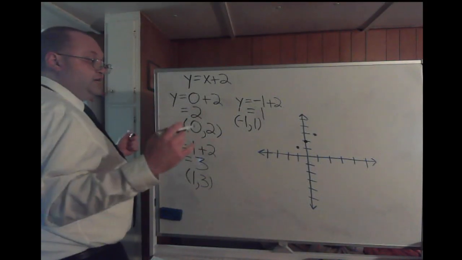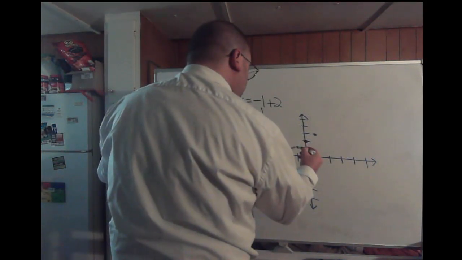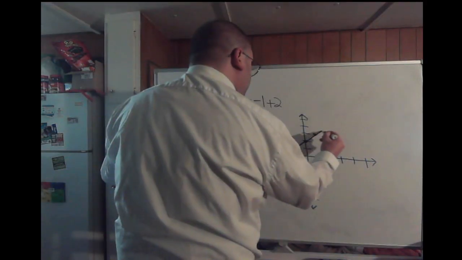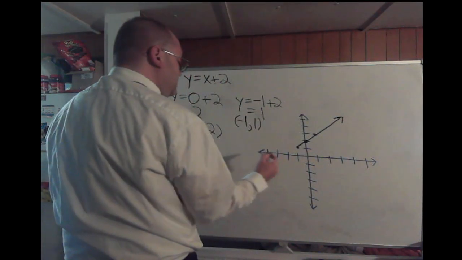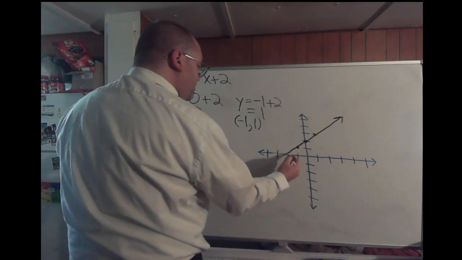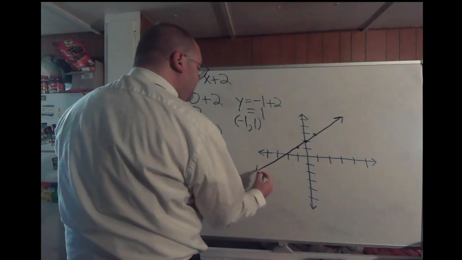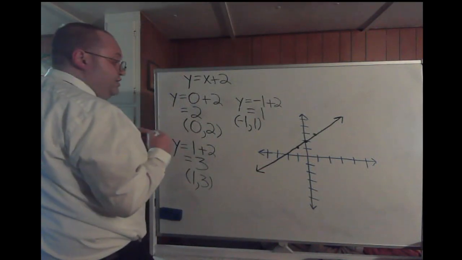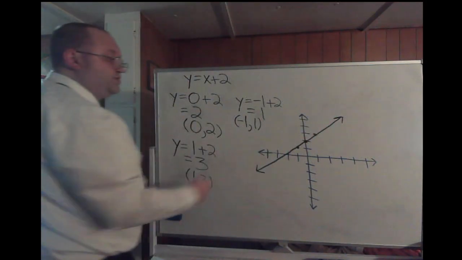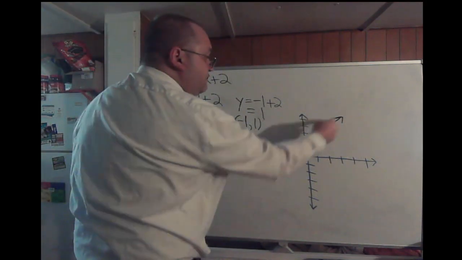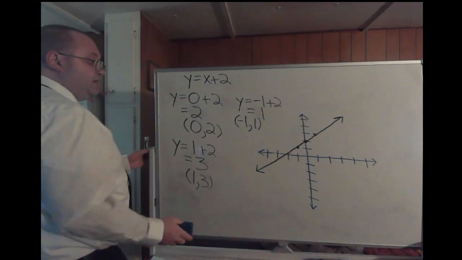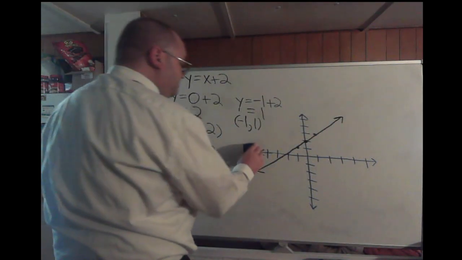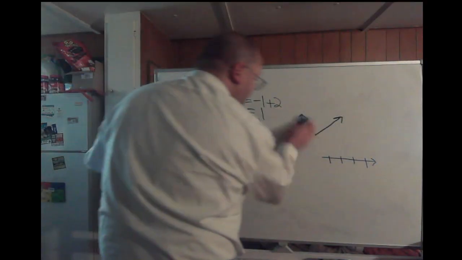So now once you got your points, you're just going to go ahead and connect them and draw the line. We'll go ahead, connect them, draw the line, and voila, you got yourself a nice line through those 3 points, and they keep going infinitely. So yes, that's how you would graph these type of equations.